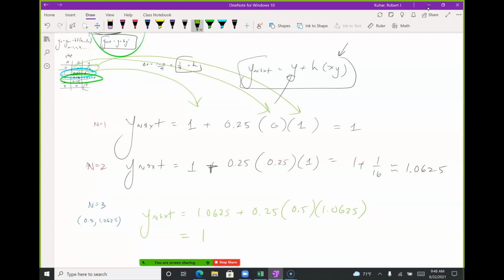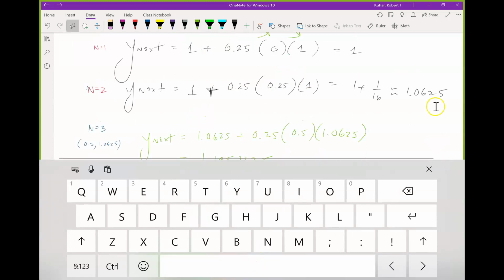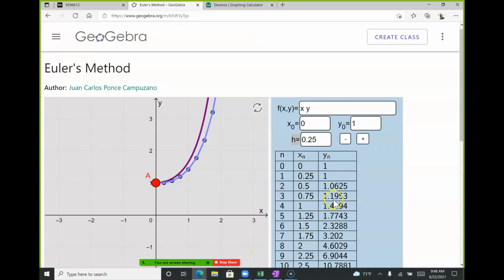And I get 1.1953125. And I think my table on GeoGebra is probably going to give me 1.1953. Maybe it'll give me 5 decimal places, I forget. It gave me 4 decimal places.